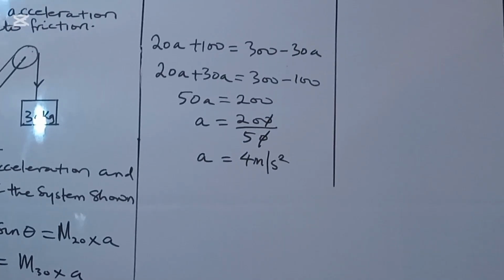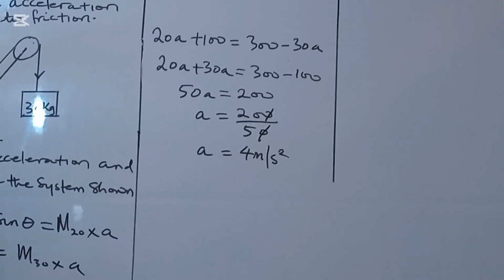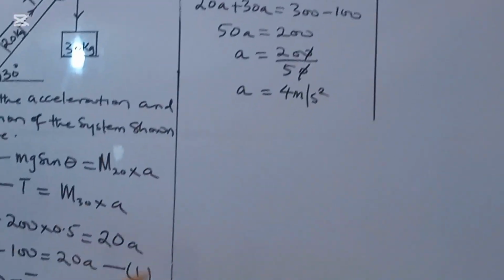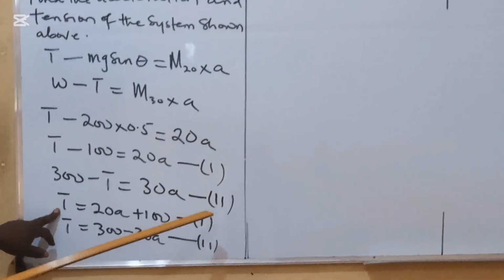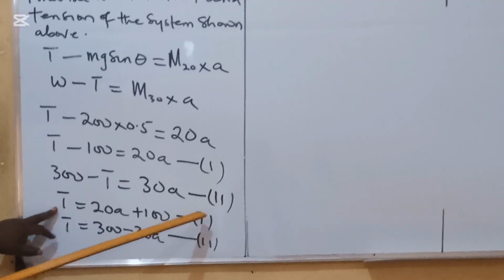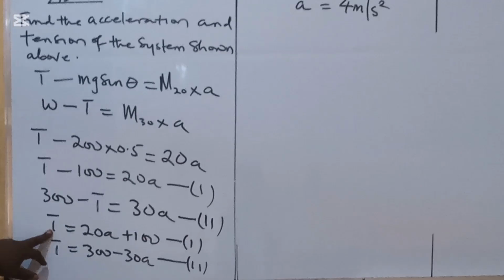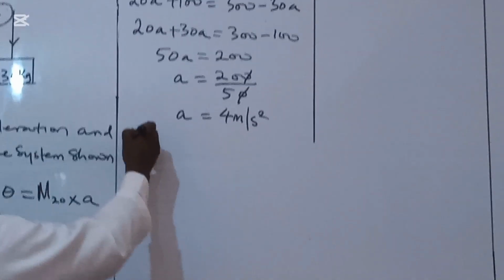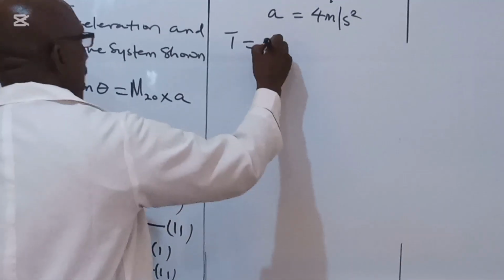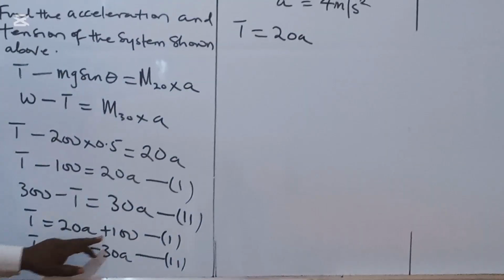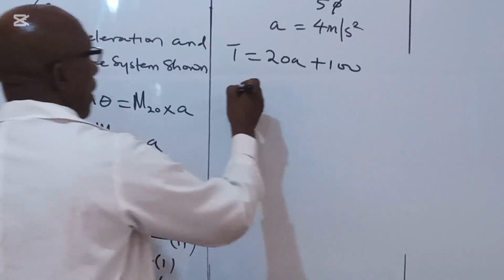Quite easy. Now they ask us for the tension T. I can choose from any of these equations, equation 1 or equation 2. Let us just choose equation 1. Equation 1 says T is equal to 20A plus 100.